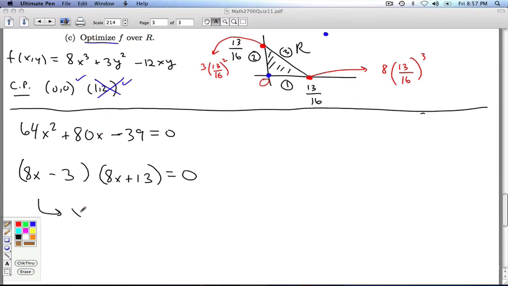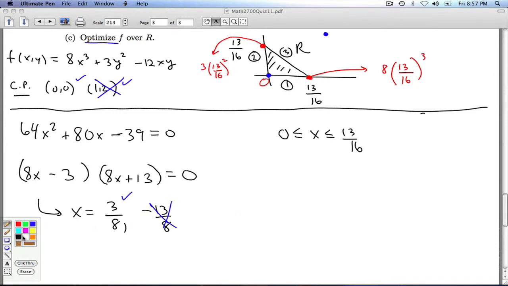And so what do we get out of this nonsense? We get x equals 3/8 and negative 13/8. Now remember, the x's that we care about are between 0 and 13/16. So this one is a keeper, and this one we don't care about.